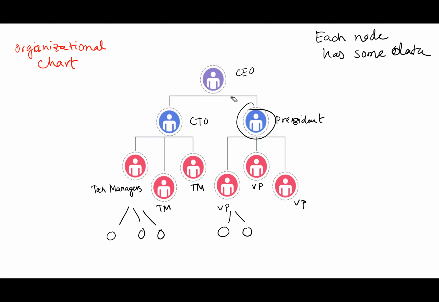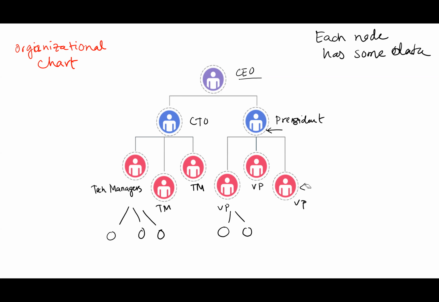For example, here, the first node has data about the CEO, right? How many years he's working, his expertise, a lot of other information. This node has data about the president, right? This node has data about a particular VP. So each node has some data.